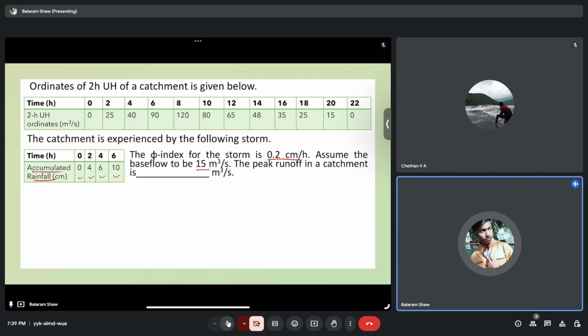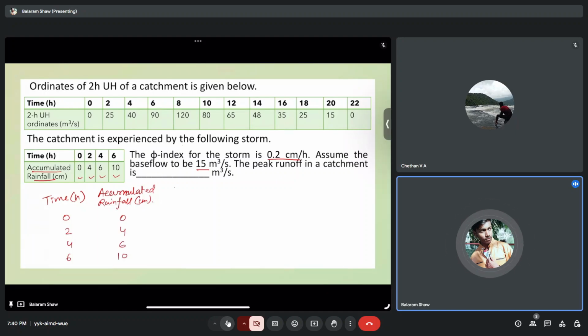So from this hydrograph we'll start first. We have time in hours. We have the accumulated rainfall in centimeter, right? So it is 0, 4, 6, 10. So this is the accumulated rainfall.